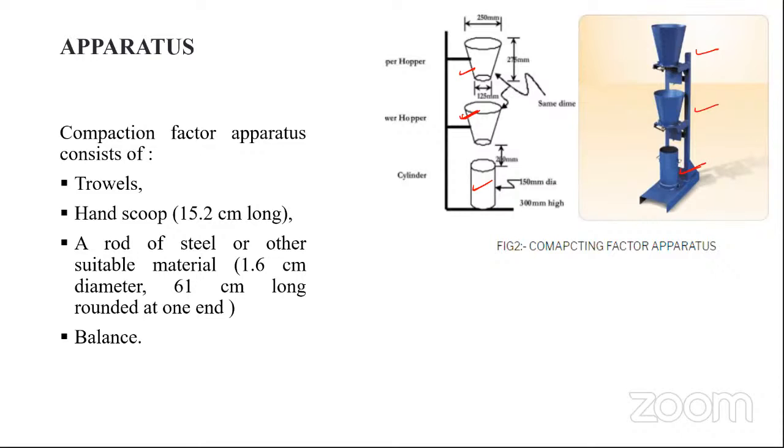Now when we fill the concrete in the first hopper bottom, we will open this gate, which is shown here, fixed to this portion. When we open this gate, all the concrete will fall from the top hopper to the bottom hopper, and when all the concrete is filled in this hopper bottom, we again open this gate and allow the concrete to fall from the second hopper to the bottom cylinder.